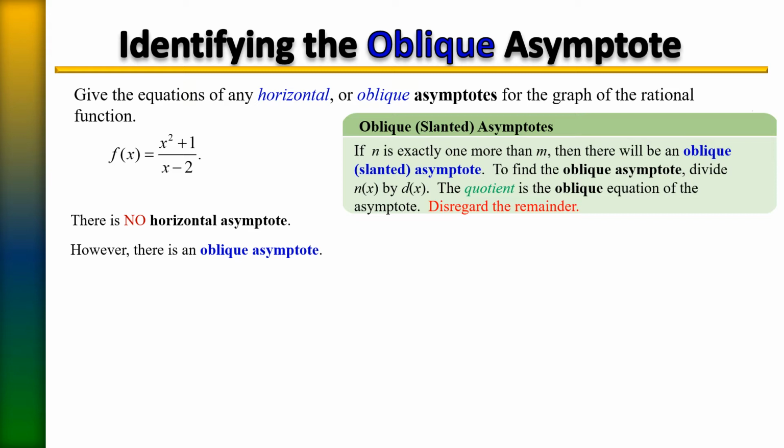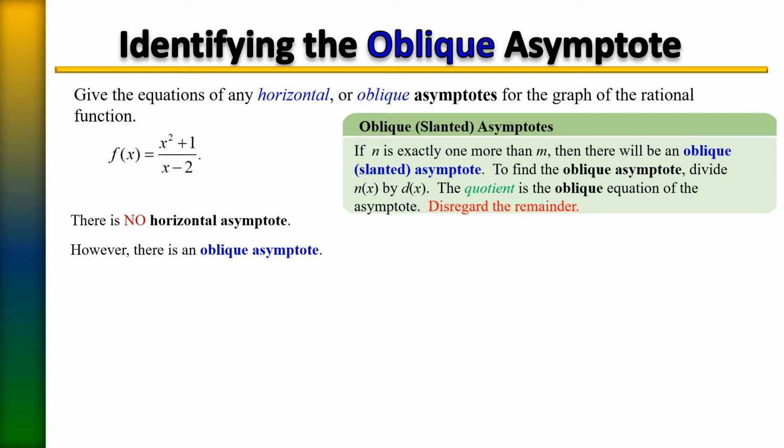And to find this oblique asymptote, all we have to do is to divide the rational expression, top polynomial divided by the bottom. The quotient, our answer of that, is the equation of the oblique asymptote. Now, if there are any remainders, you must disregard the remainder.